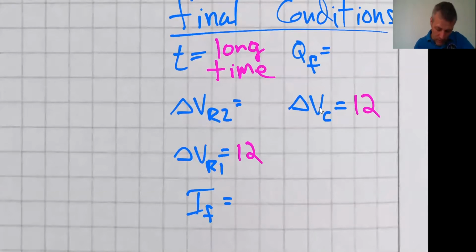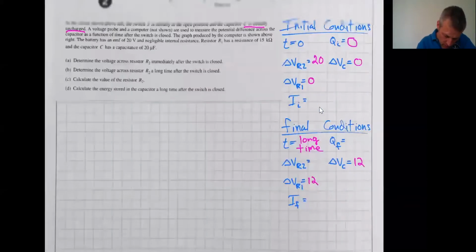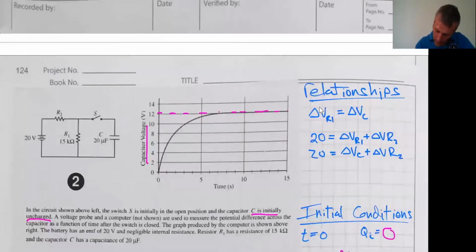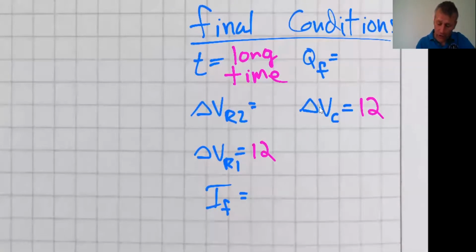The voltage drop across R2 is going to be 8, right? Because delta V R1 and delta V R2 have to add up to 20. So 12 and 8 are going to equal 20. The charge on the capacitor, you can find that from using C equals Q over V and just solving that out.